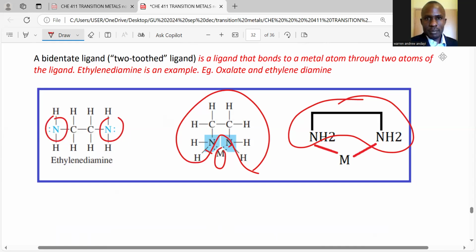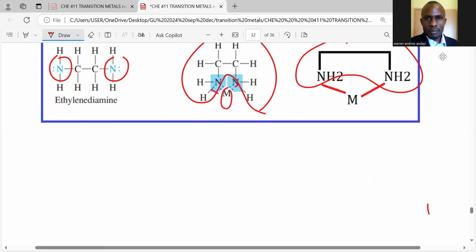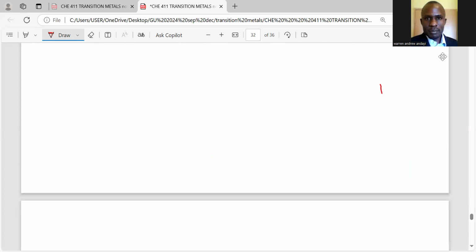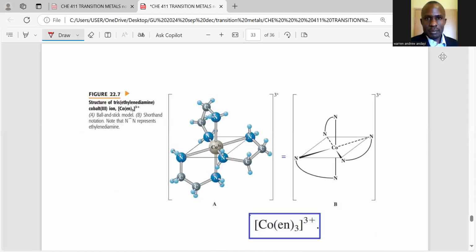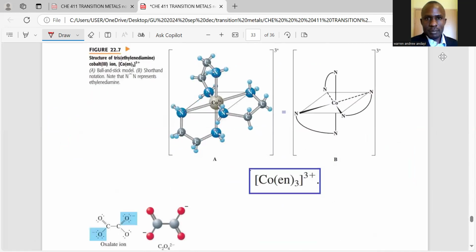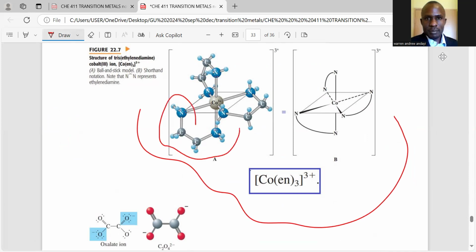The other one is oxalates, ordinarily called oxalic acid. This is more of a model of still ethylene diamine. You can see that this is our ethylene diamine molecule, and it's forming two bonds to the metal. Another ethylene diamine here, two of them.